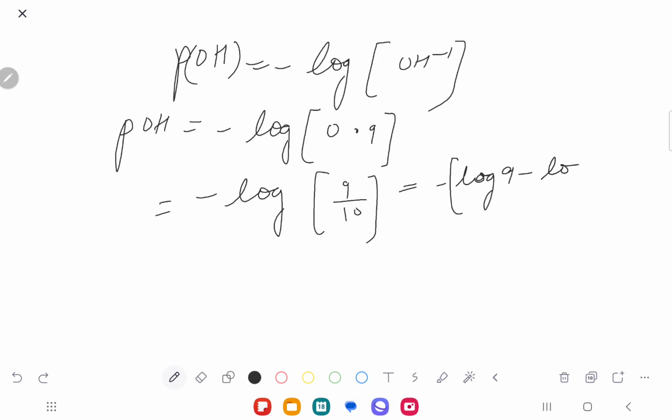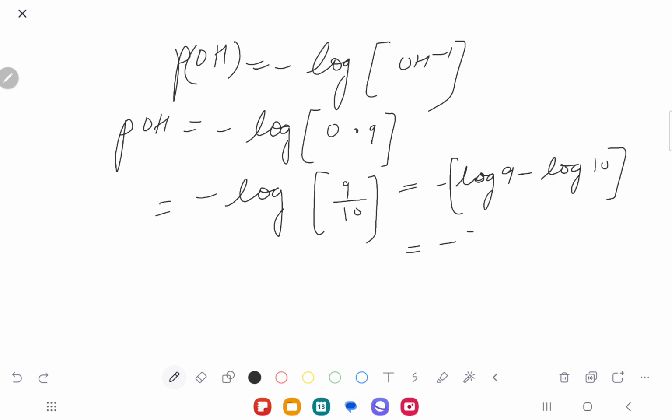And when I have log of 0.9, what do you understand from this? We have minus log of 9 over 10, which means it is going to become log 9 minus log 10.